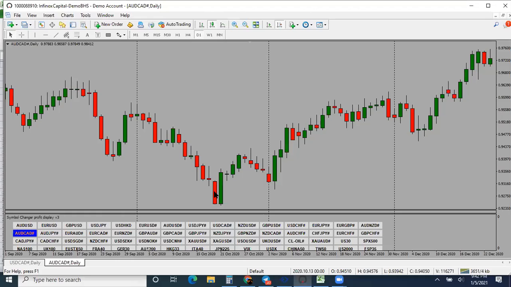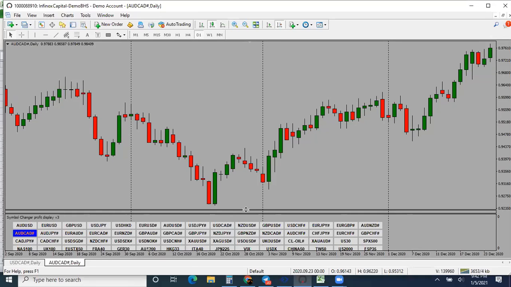So notice this. This is an order block, and price trades into it. When we see an order block, we are happy when price trades back into it.